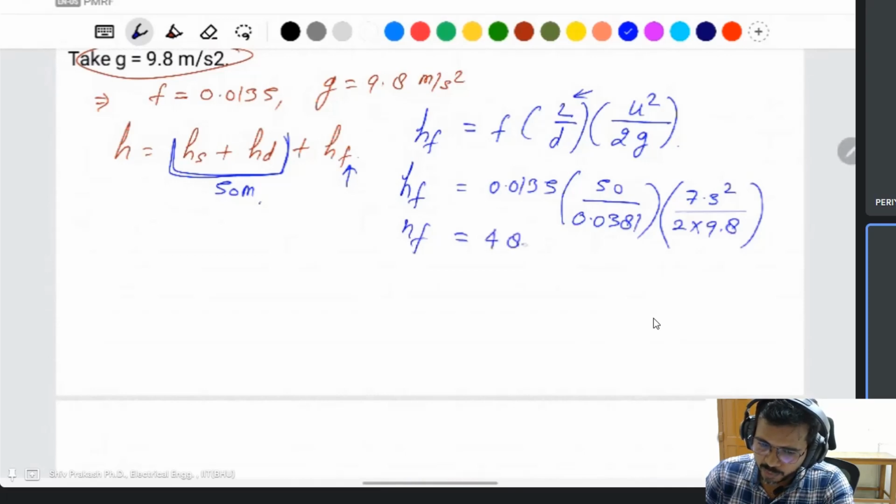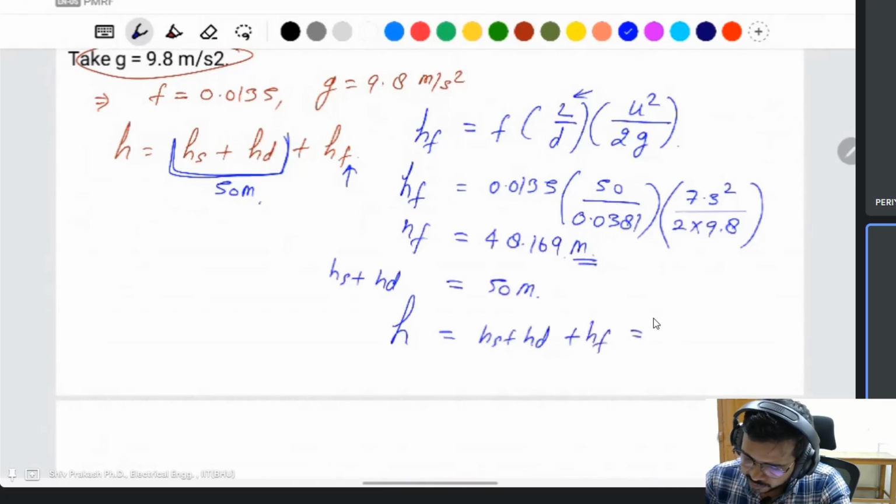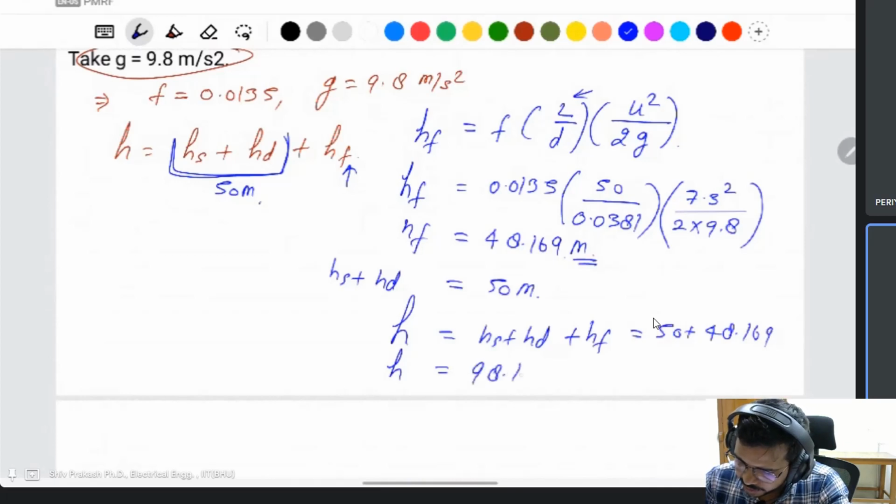This will be 48.169 meter. And what is HS plus HD? Both are 50 meter. Then what is the total head H? HS plus HD plus HF, it will be 50 plus 48.169. This will be 98.169 meter.